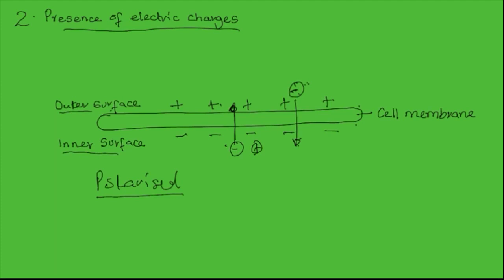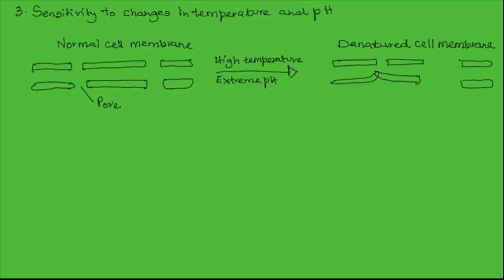move across. The third property of the cell membrane is its sensitivity to changes in temperature and pH. Now, the proteins in the membrane function best within a particular range of temperature and pH.